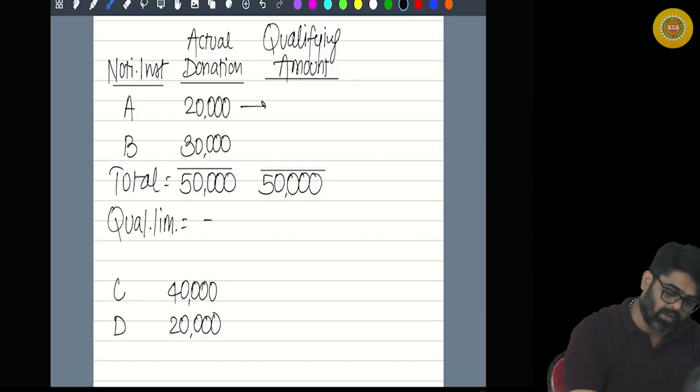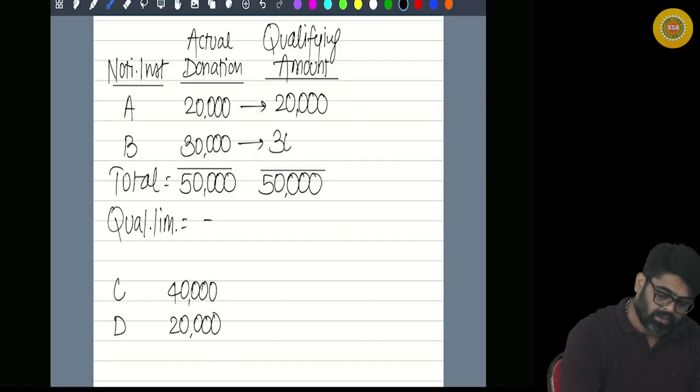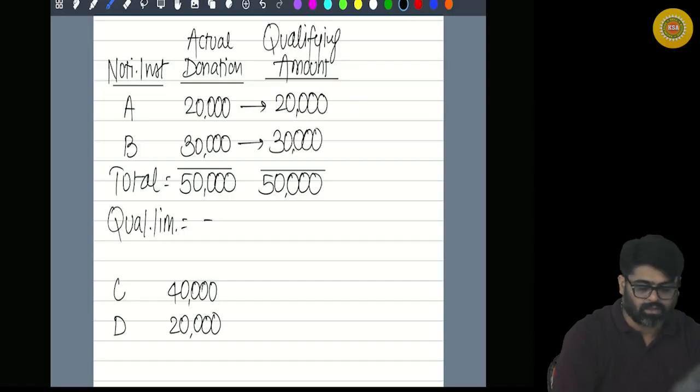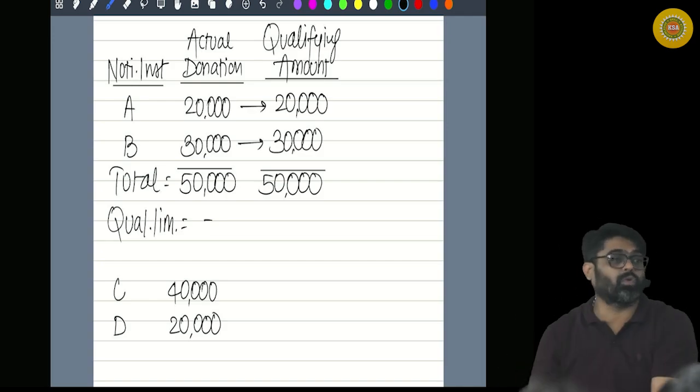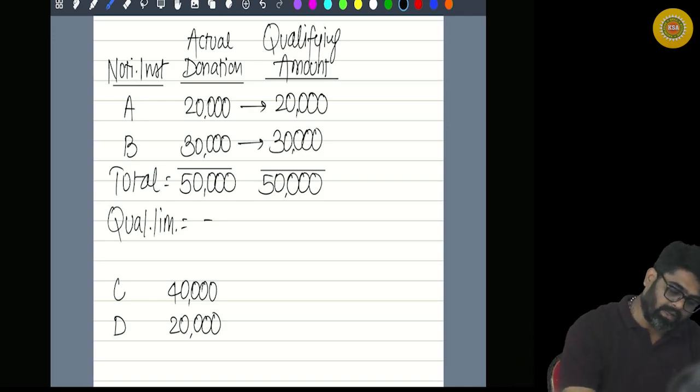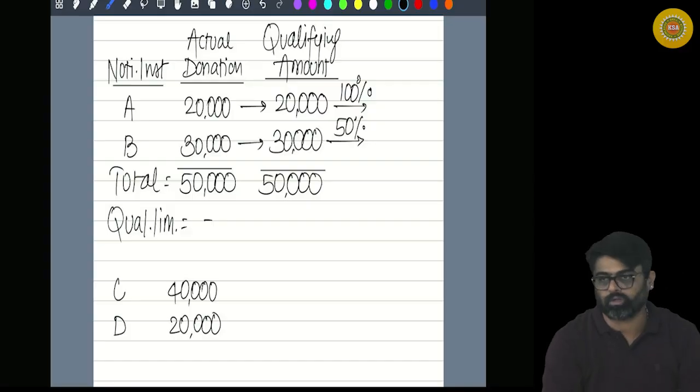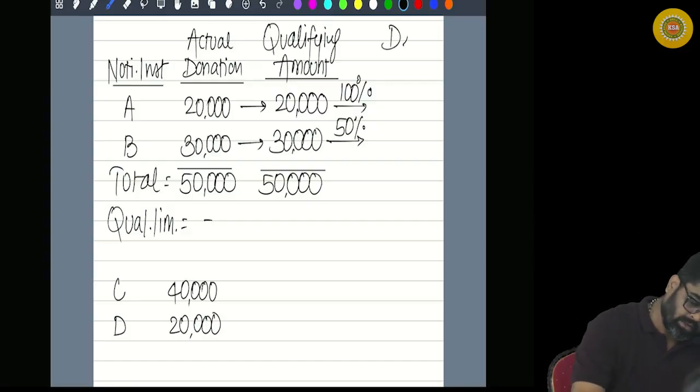Meaning this 20 will also qualify, and this 30 will also qualify. Meaning they will come under 80G. But once they come under 80G, out of this how much will be allowed? If it is category A, then 100% will be allowed, and if it is category B, 50% will be allowed as a deduction under section 80G.